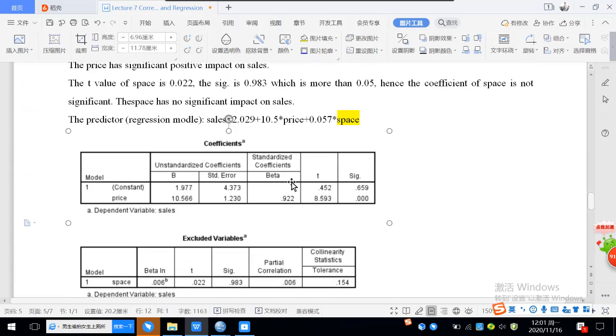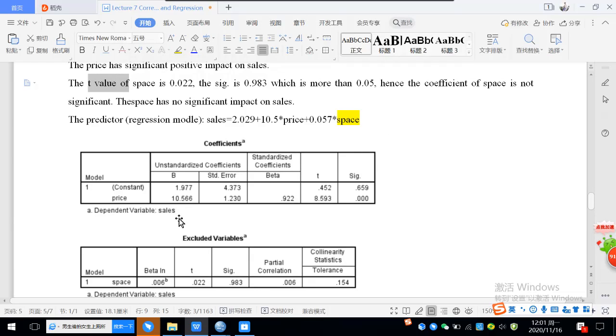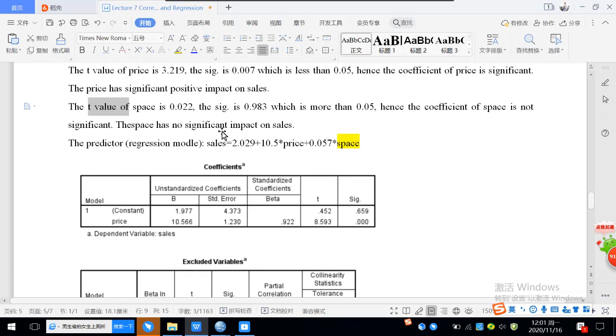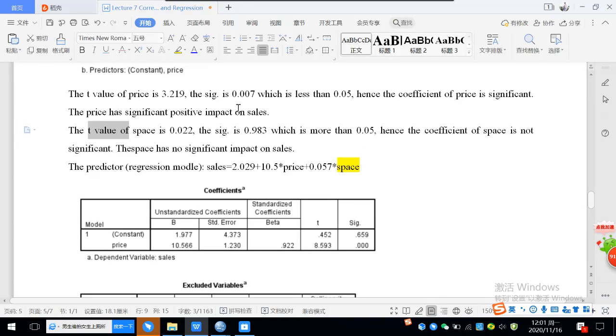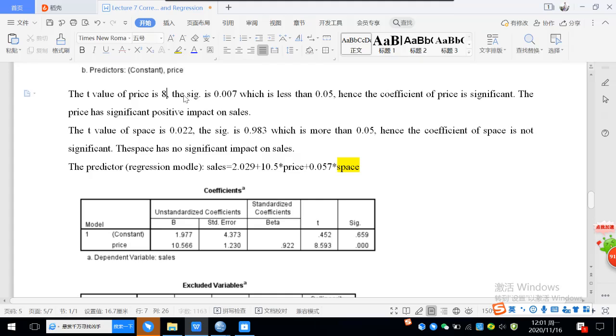So we can write that the t-value of price is 8.593. Okay, this is the t-value.